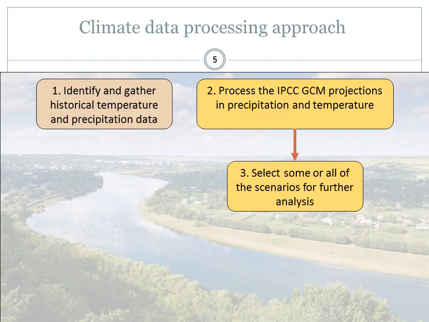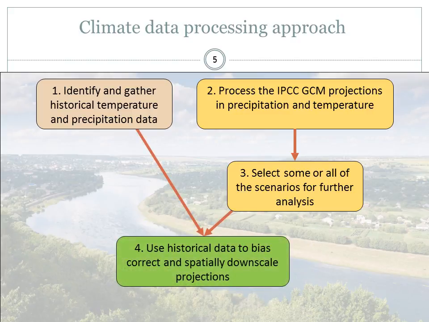In this case, because we're focused on trying to capture as broad a range of climate models as possible, we actually include all of the scenarios. All of the runs that we downloaded are included in this data set that are available for download on the data warehouse. Lastly, we use the historical data to bias correct and spatially downscale these model projections.